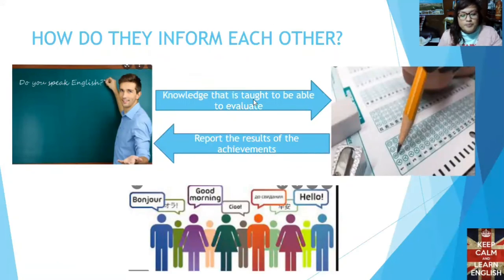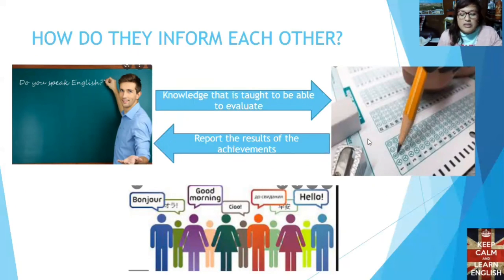Now, finally, it's necessary to know how these processes inform each other. Regarding language teaching, it informs about the knowledge being taught in the class so that it can be evaluated in the language assessment.